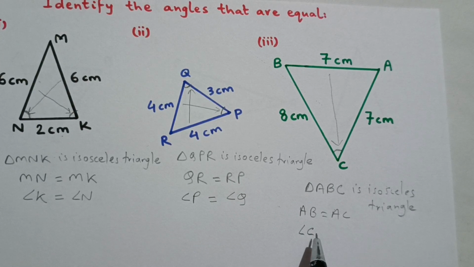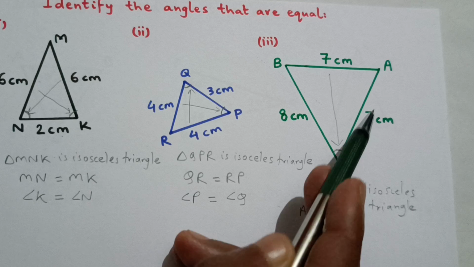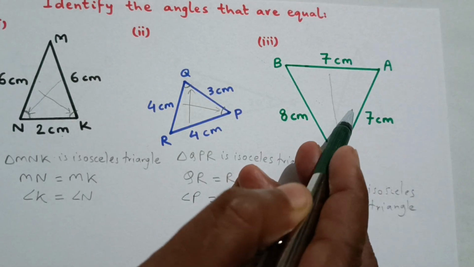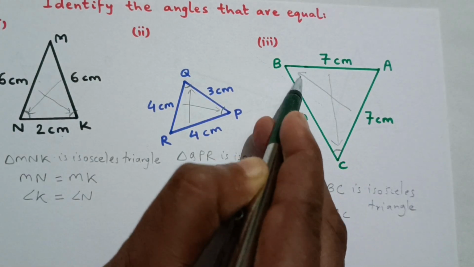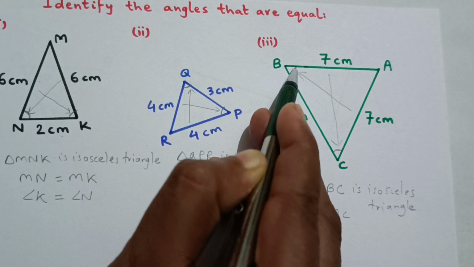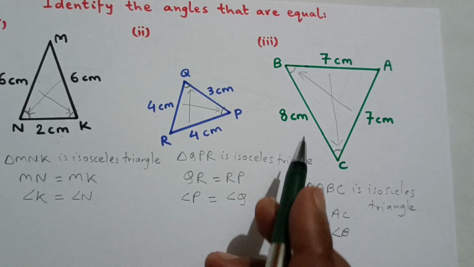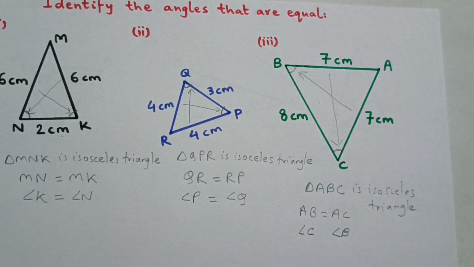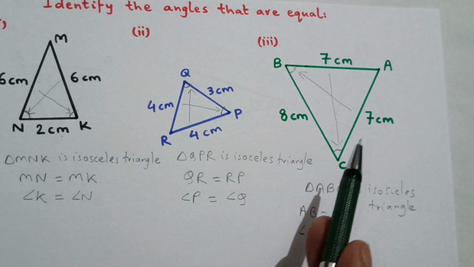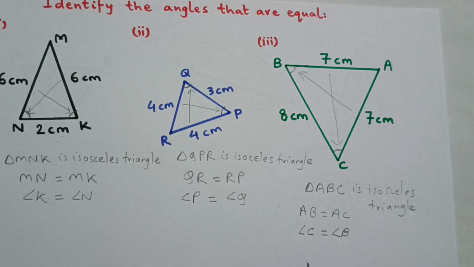And for side AC, the angle that is opposite is this angle. So this angle is angle B. So in this triangle, the two angles that are going to be equal are angle C and angle B. So we have found out which two angles of this isosceles triangle are equal to each other.